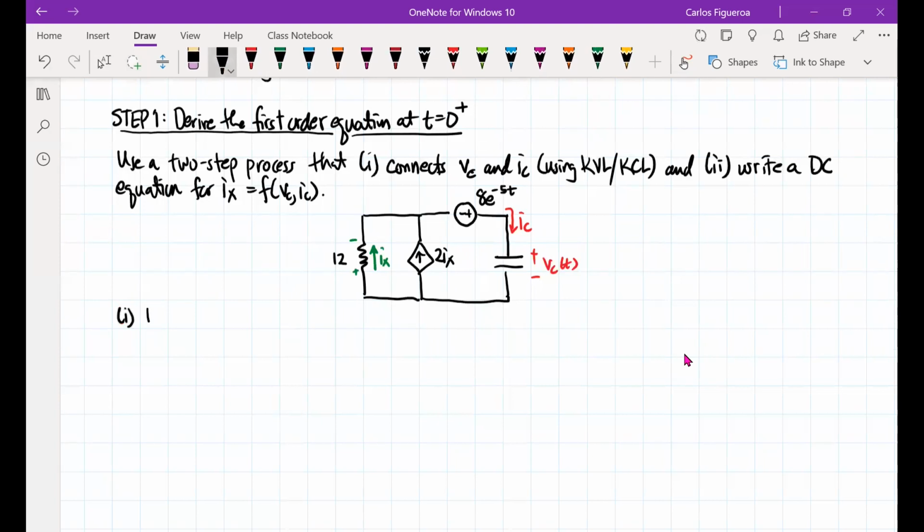Okay, so I'm going to write the DC equation for Ix. Now, what you want to do here is look at this green node right here. I'm going to apply KCL. The reason why I'm going to apply KCL is look at that. I got Ix plus 2Ix has to equal Ic. So I'm going to apply KCL at the green node.